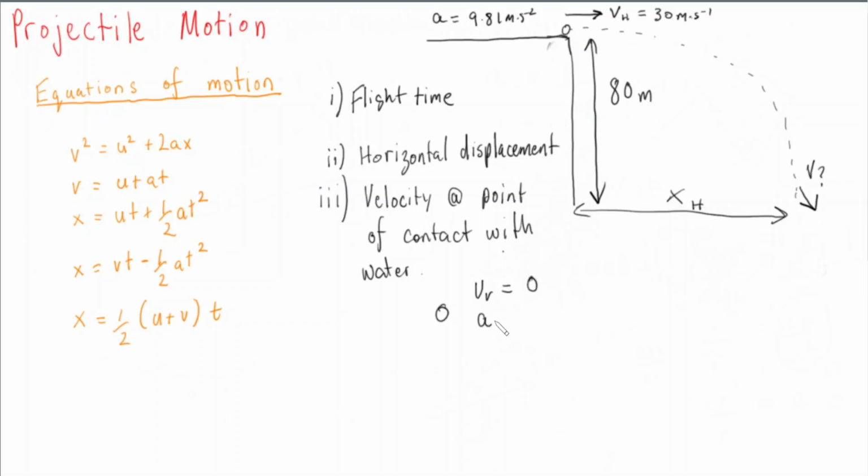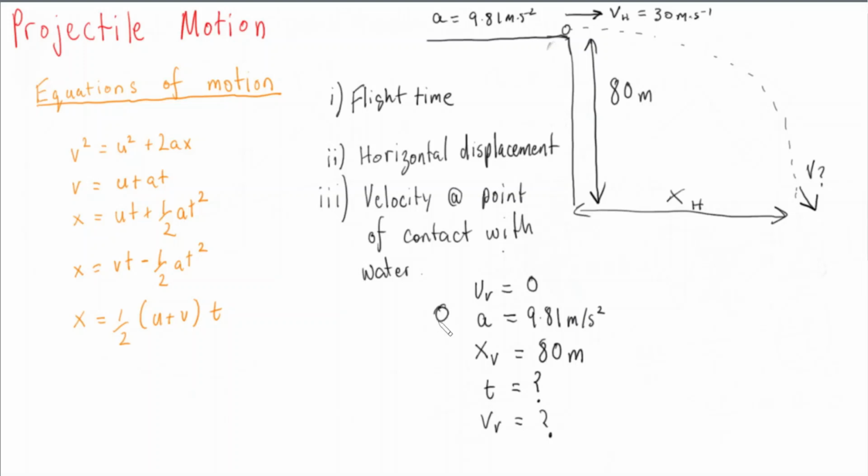We know the acceleration is going to be 9.81 meters per second squared, and we know the x in the vertical direction is going to be the height of this cliff, which is going to be 80 meters. We need to find the t, and we don't really know what the final velocity is, so we'll leave that as a question mark for now as well.